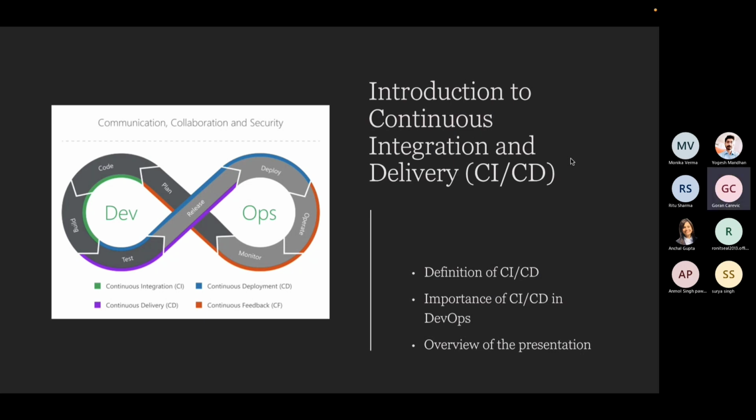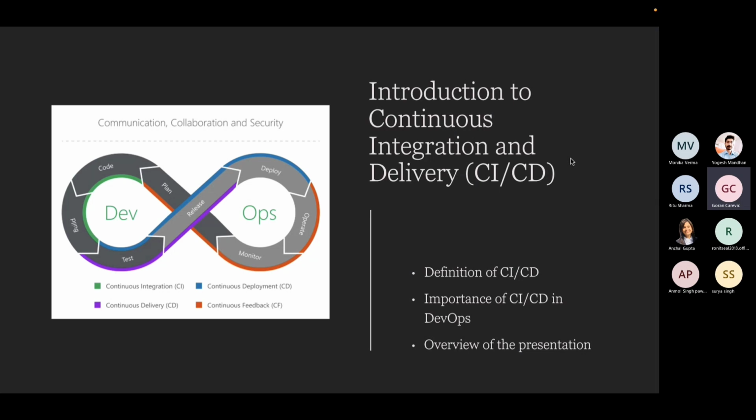The importance of CI/CD in DevOps cannot be overstated. In today's fast-paced business environments, organizations are under constant pressure to deliver software faster and more efficiently. So basically, CI/CD helps teams achieve this by allowing them to automate and streamline their development process.